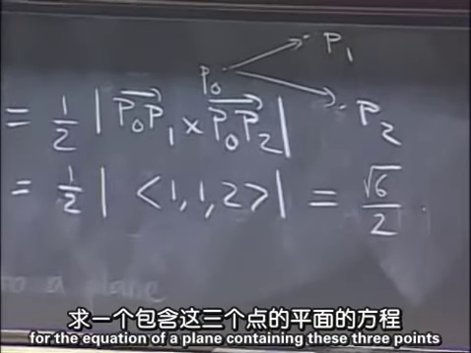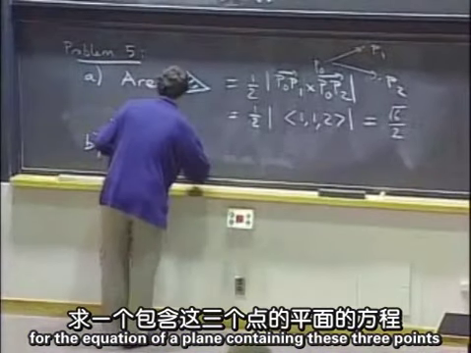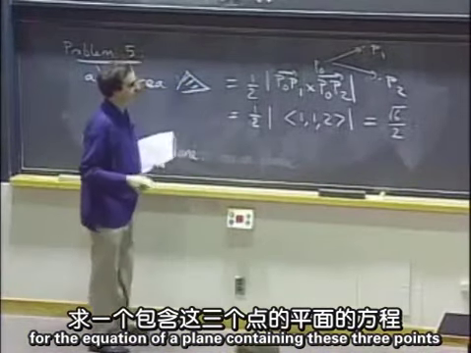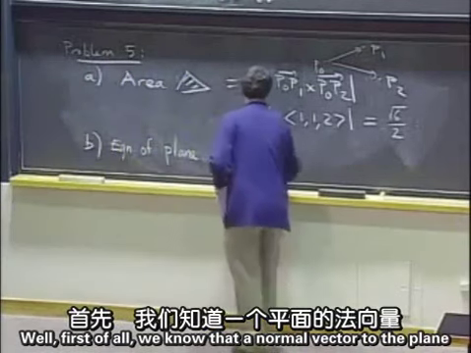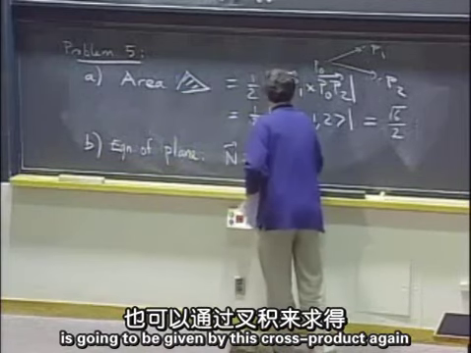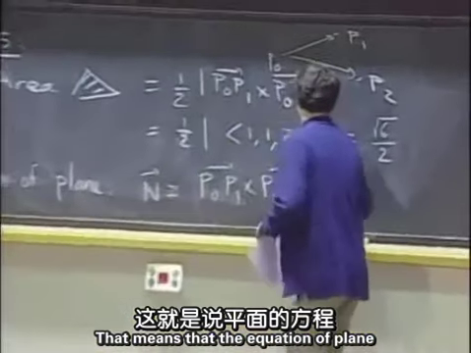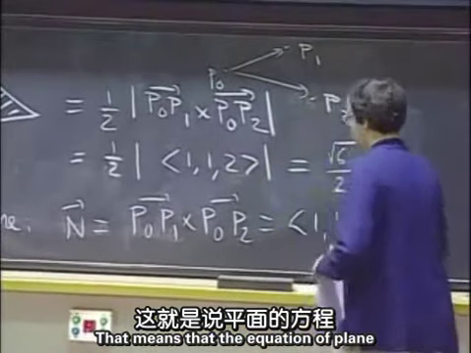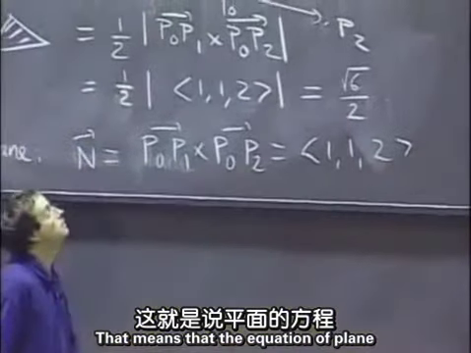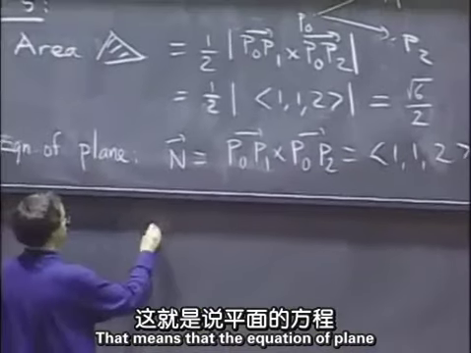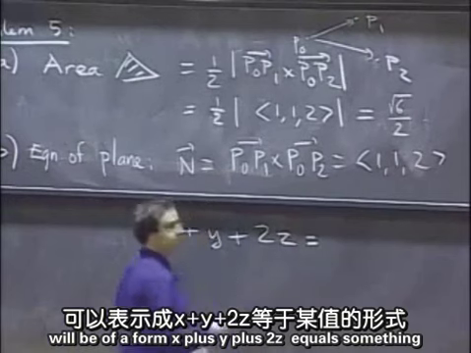The second one is asking you for the equation of the plane containing these 3 points. Well, first of all, we know that the normal vector to the plane is going to be given by this cross product again. So that means that the equation of a plane will be of the form x plus y plus 2z equals something.